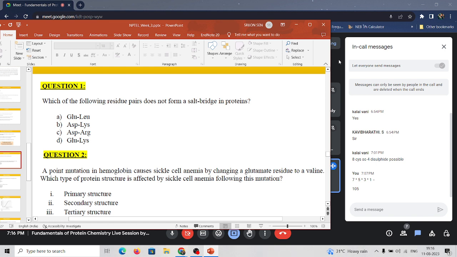A salt bridge is found between which two amino acids? This is an easy question. Try answering it. Is everyone there?